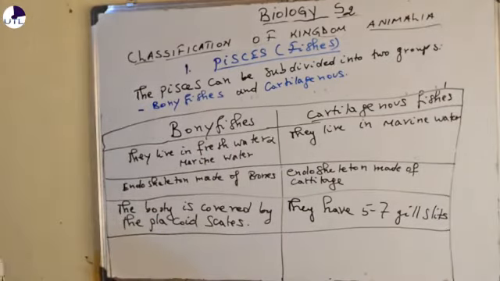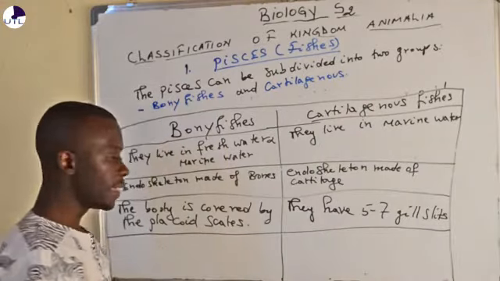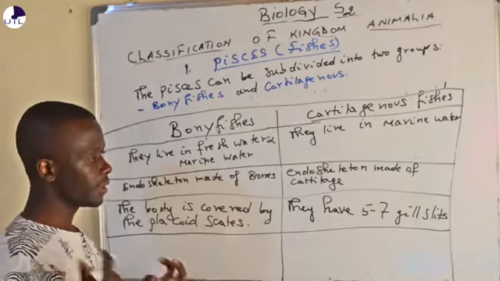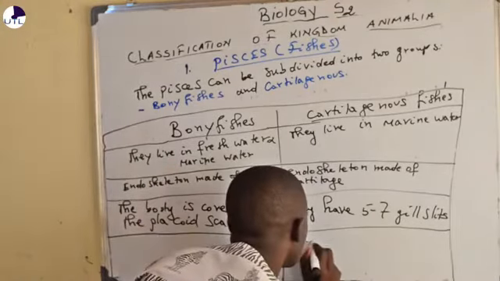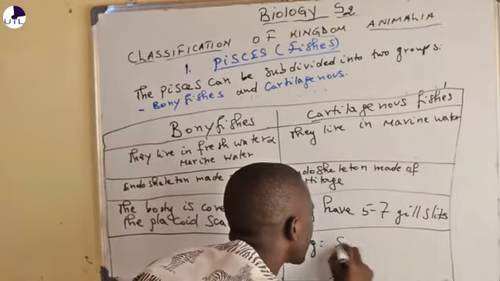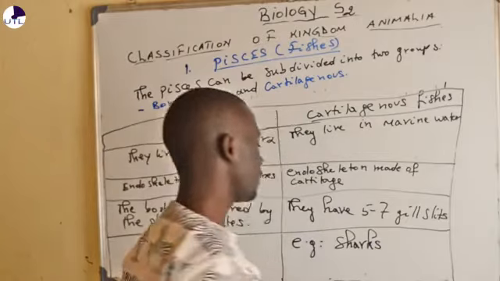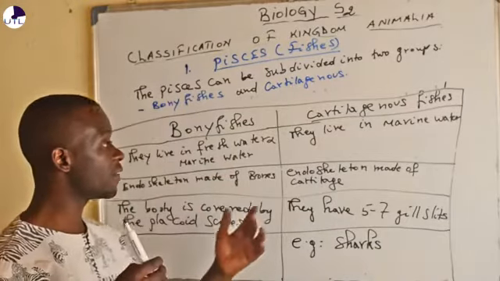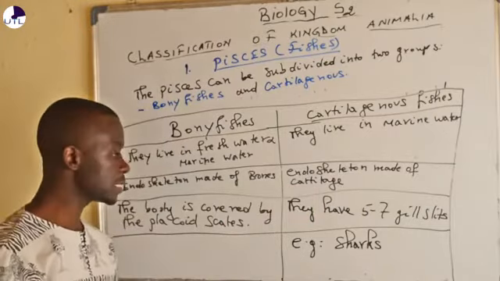Under the cartilaginous fishes, there are some fishes that live in the oceans and seas which are called the sharks. For example, in our country we cannot have sharks because we don't have the marine water bodies. We don't have the seas and oceans.